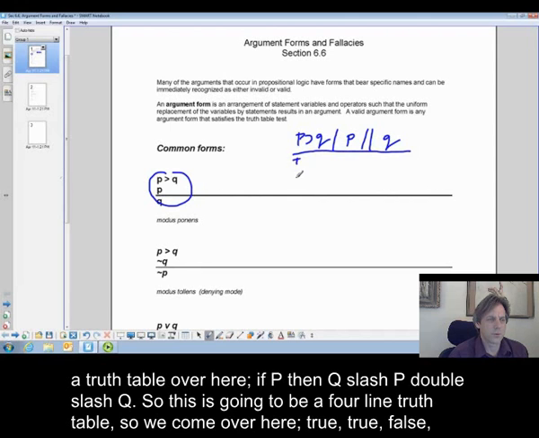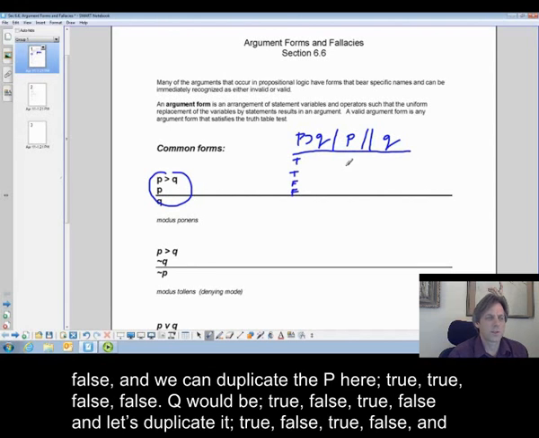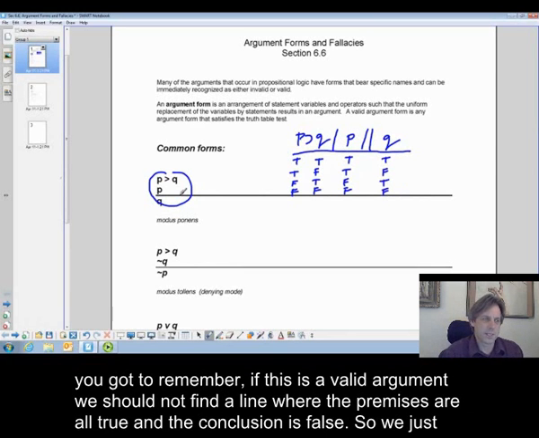So we come over here, true, true, false, false, and we can duplicate the P here, true, true, false, false. Q would be true, false, true, false, and let's duplicate it, true, false, true, false. And you got to remember, if this is a valid argument, we should not find a line where the premises are all true and the conclusion is false.